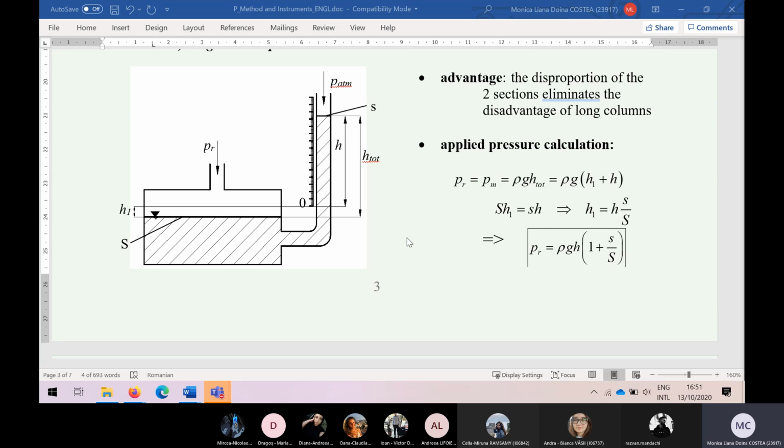But maybe other students could also contribute, not only Andra. Well, now position.